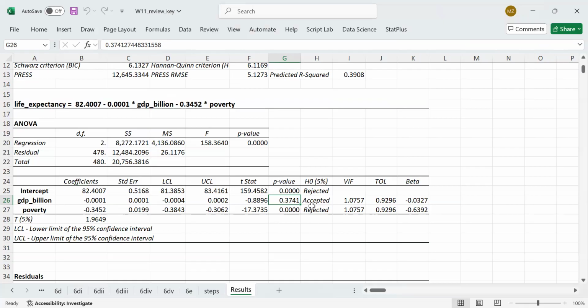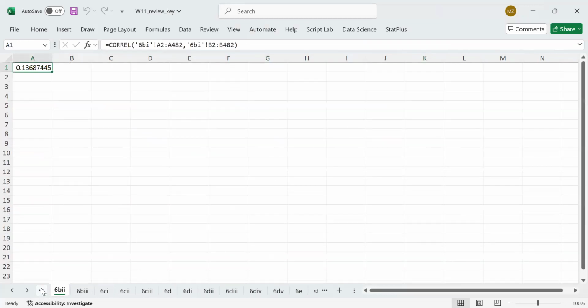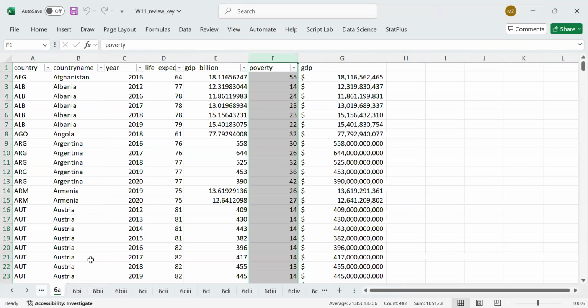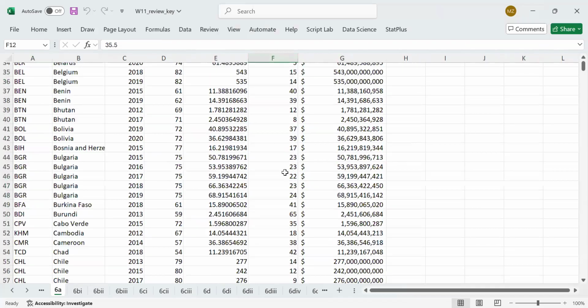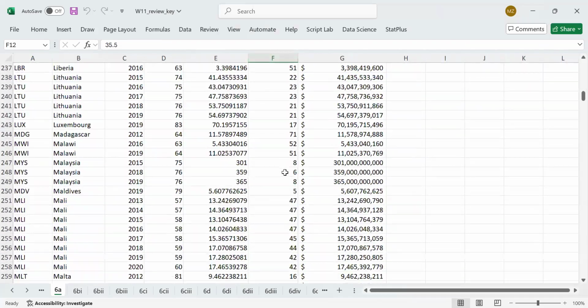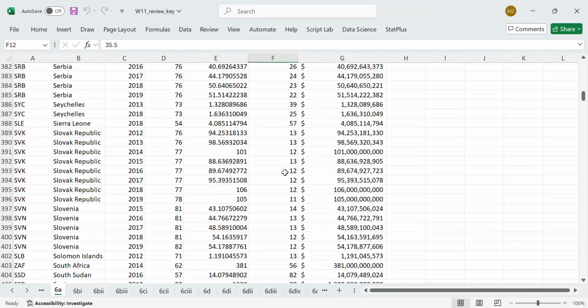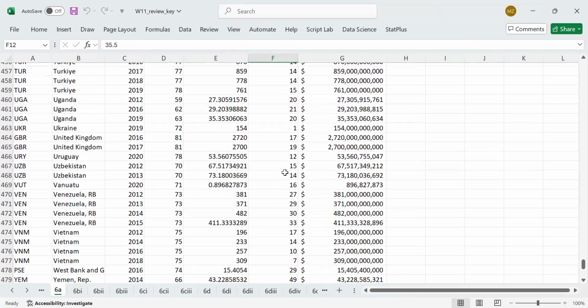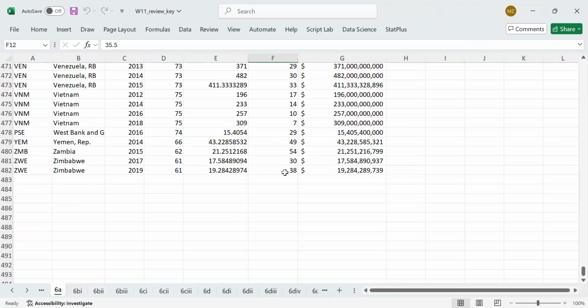Yes. Can you go to 6A, please, where the original data is? In my poverty data, when the cell is empty, it has just a period in it, and that's non-numeric.